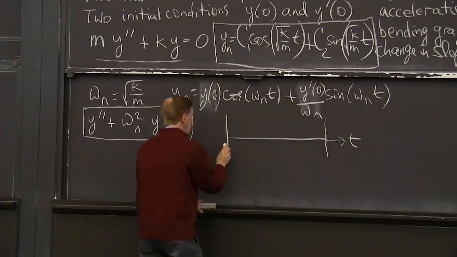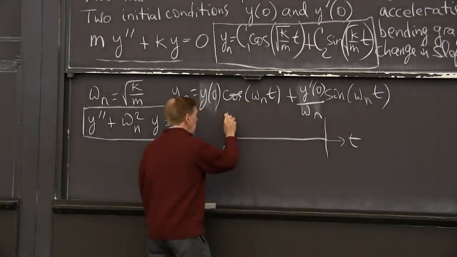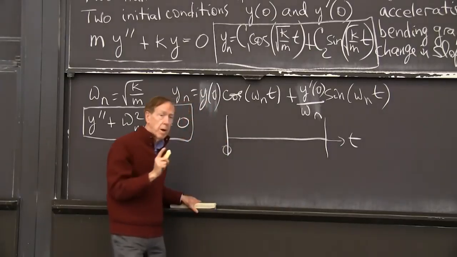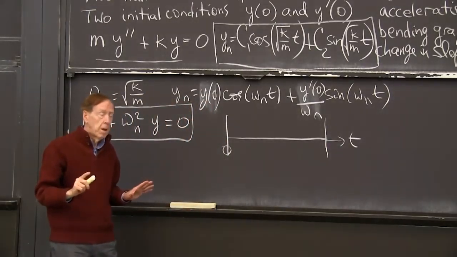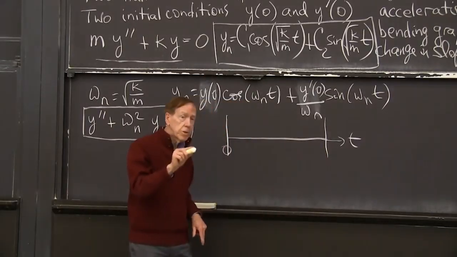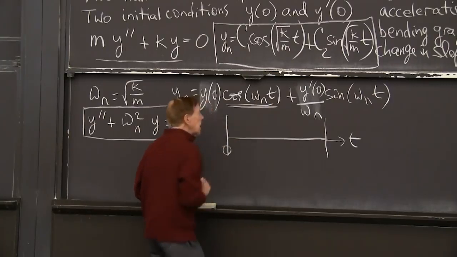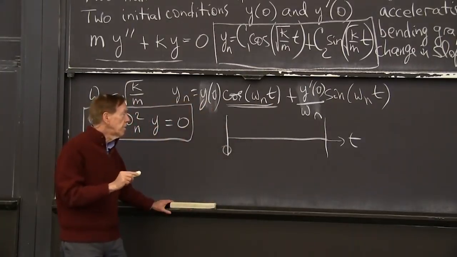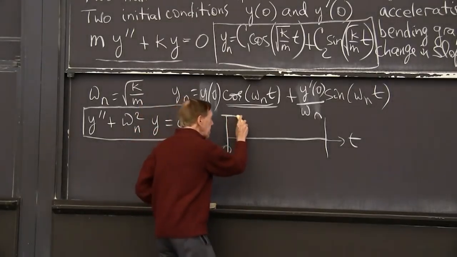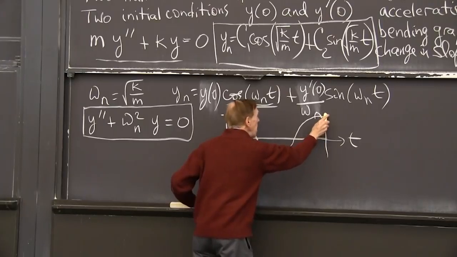Cosine of omega t is what I'm drawing, not cosine t. Cosine t would go 0 to 2 pi, but I have cosine of omega t. So it starts at 1, drops, and comes back up to 1.